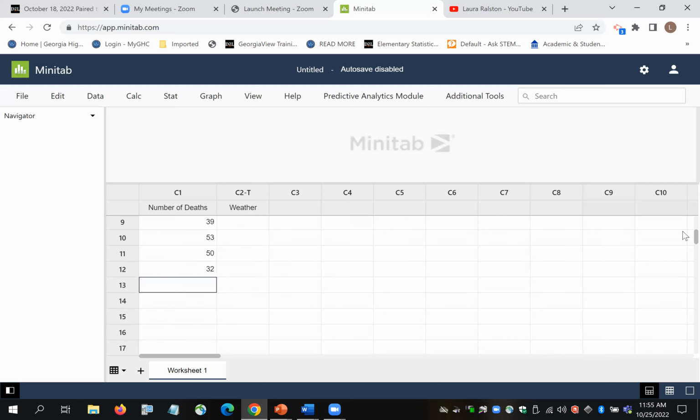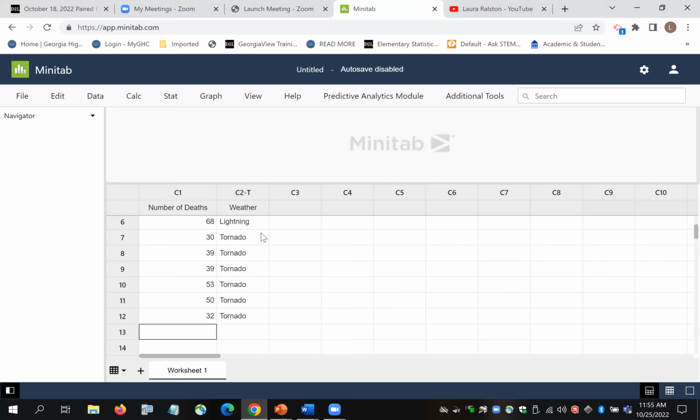Okay, so I know that those 6 were related to a tornado. So I go back in column 2, and next to those 6 numbers, I'm typing the word tornado so that when I'm finished, I'm only going to have 2 columns of data.